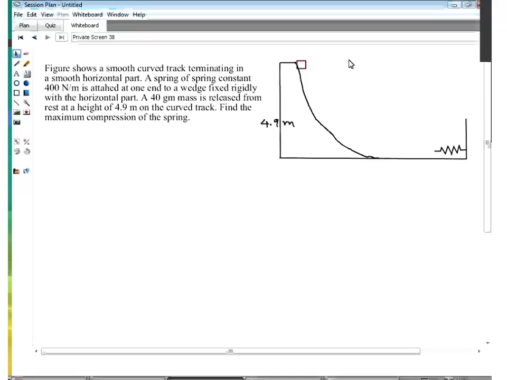So throughout the journey, there is no dissipation of energy, mechanical energy. Spring also, no dissipation. You can just consider the very beginning and the very end, without bothering about intermediate location.